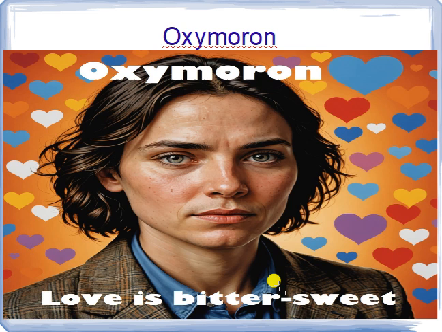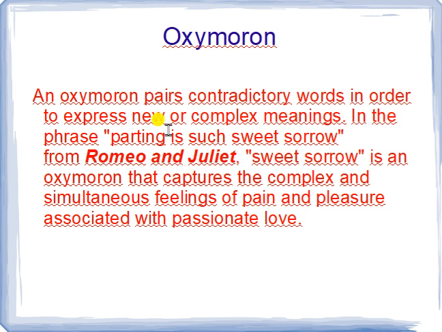Oxymoron, two opposites right next to each other. An oxymoron pairs contradictory words in order to express new or complex meanings. "Parting is such sweet sorrow." So sweet sorrow captures the complex and simultaneous feelings of pain and pleasure associated with passionate love.